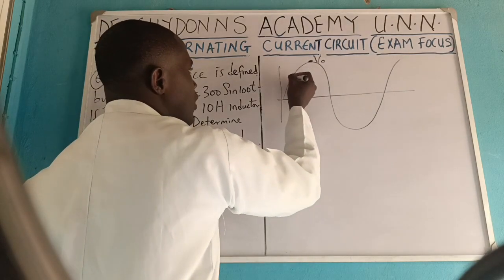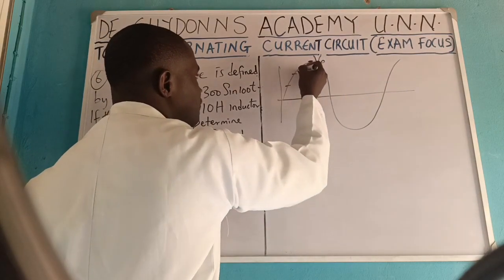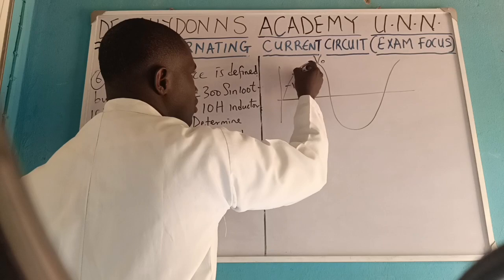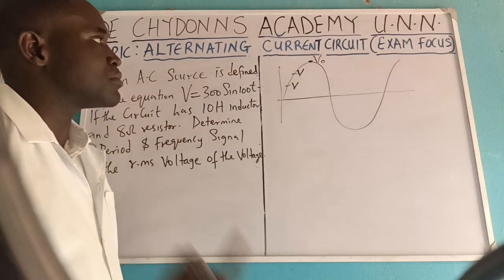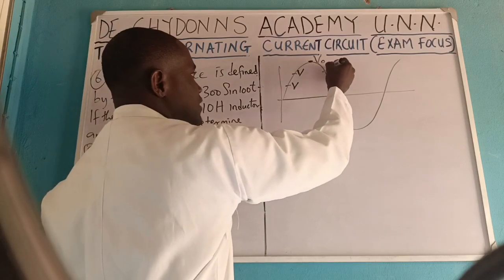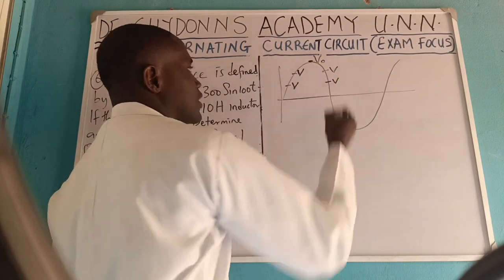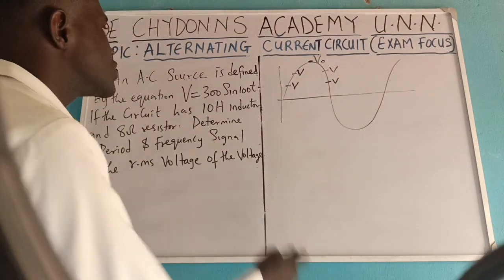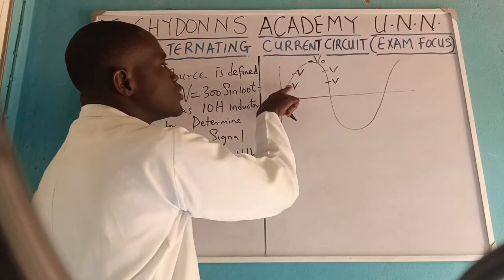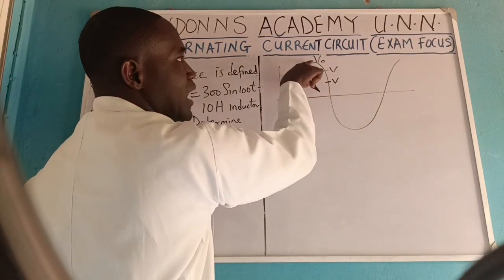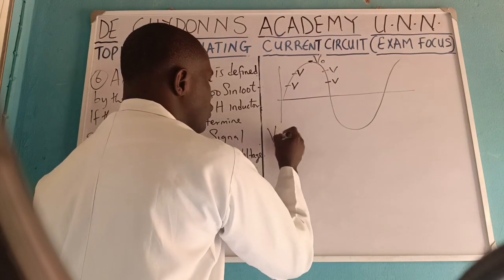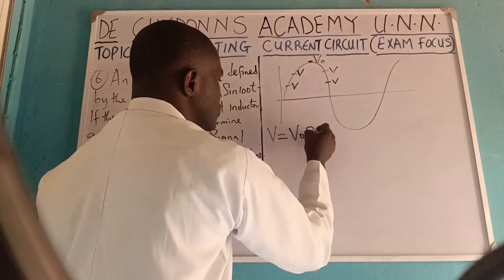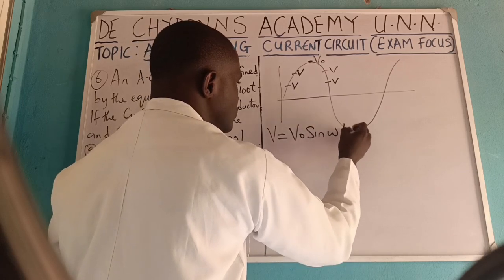But at any point, you will be getting an ordinary voltage V, not at the peak. Same with current. And we said the relationship between this V and the one at the peak is V equals V0 sin Wt.